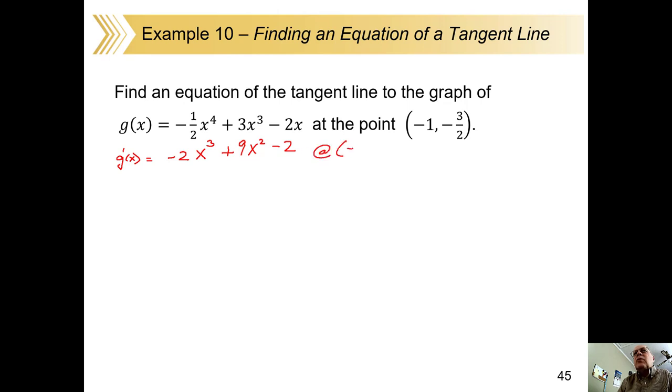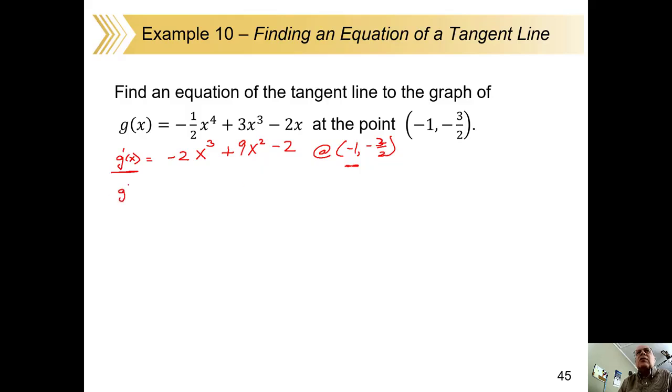And we're looking for what is going on at negative 1, negative 3 halves. So this gives us the slope anywhere. But we're interested in what is the slope where x equals negative 1.